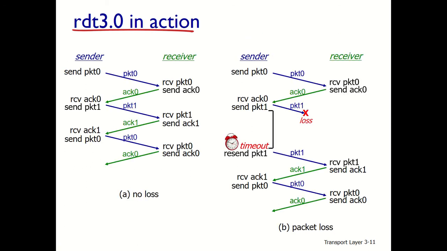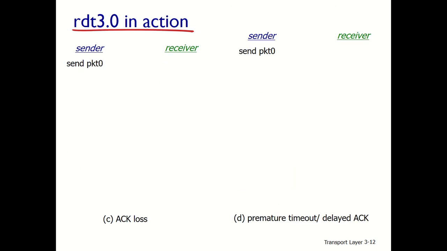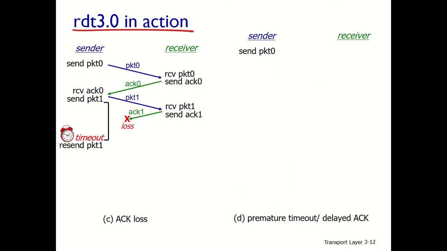Now some more examples. What you can see is that packet number 0 is transmitted, it is received correctly, so acknowledgement 0 is transmitted.